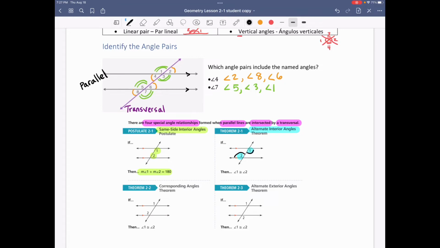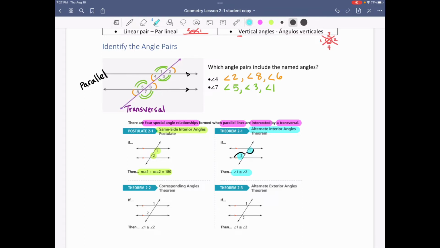Interior, they're on the inside, and they are equal to each other. So notice how the postulate, same side interior, they add to 180. Alternate interior are congruent to each other.